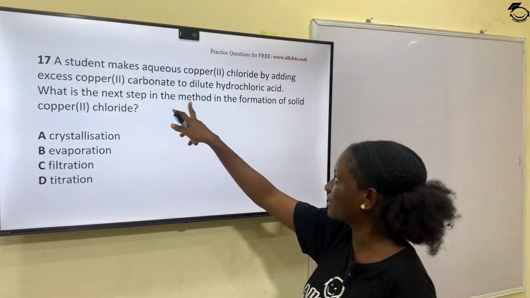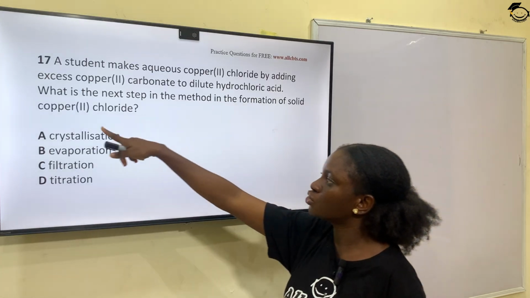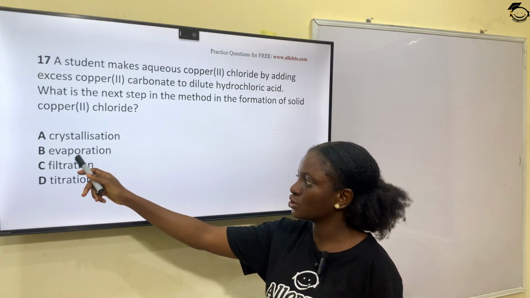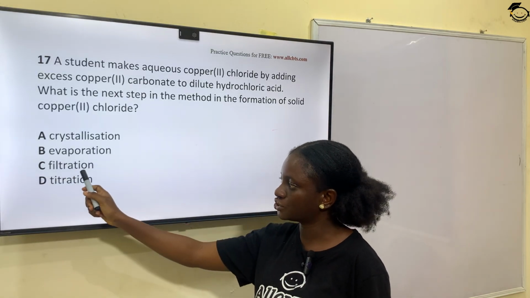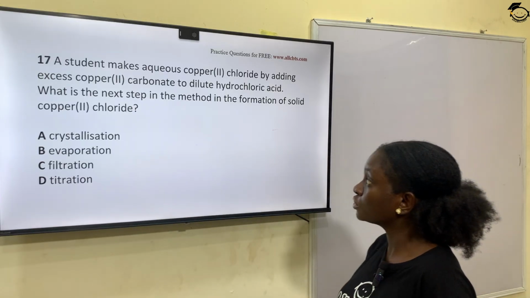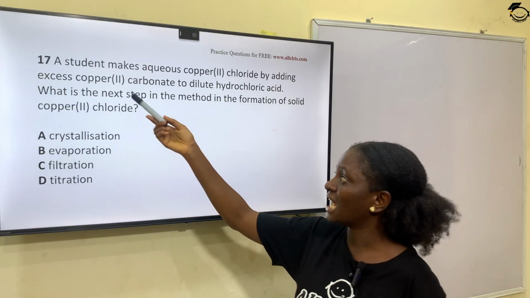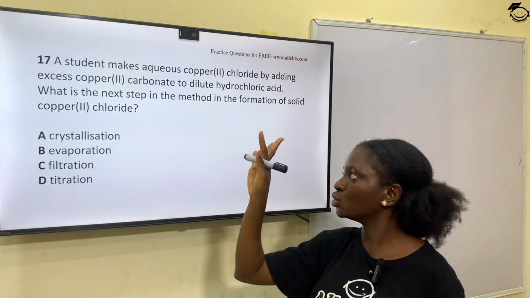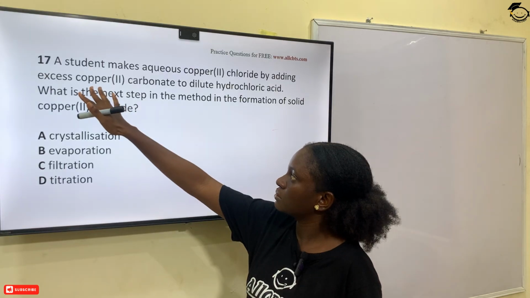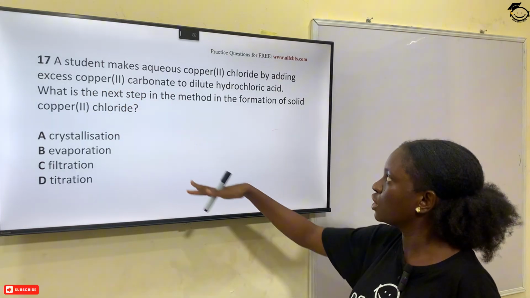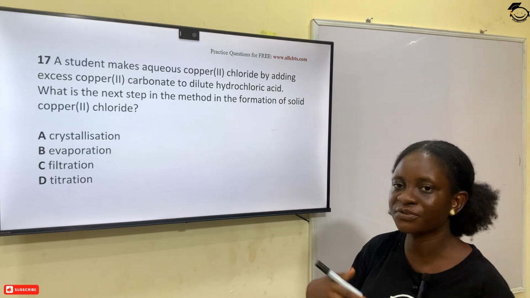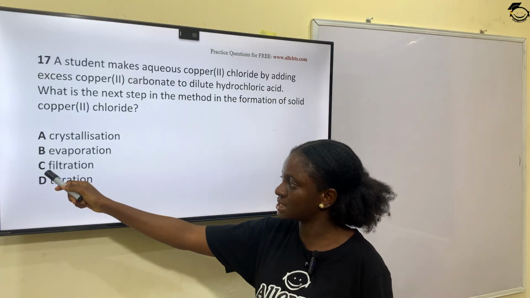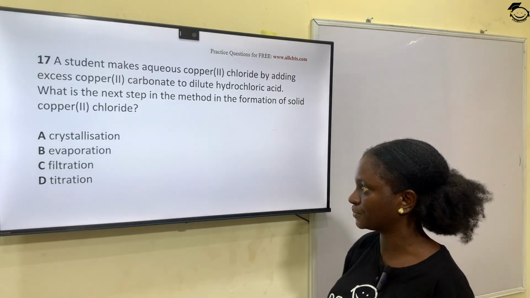What is the next step in the method in the formation of solid copper(II) chloride? A. Crystallization. B. Evaporation. C. Filtration. D. Titration. So what is the next step since the student added excess? There will be insoluble copper(II) carbonate. So what needs to be done is to filter the insoluble solid. So that makes option C the correct answer, filtration.